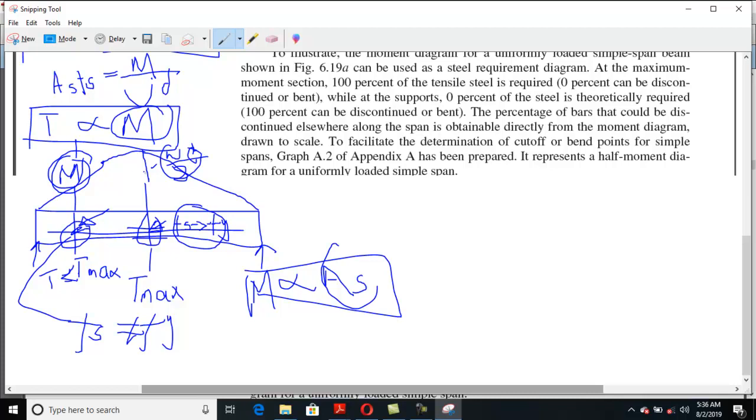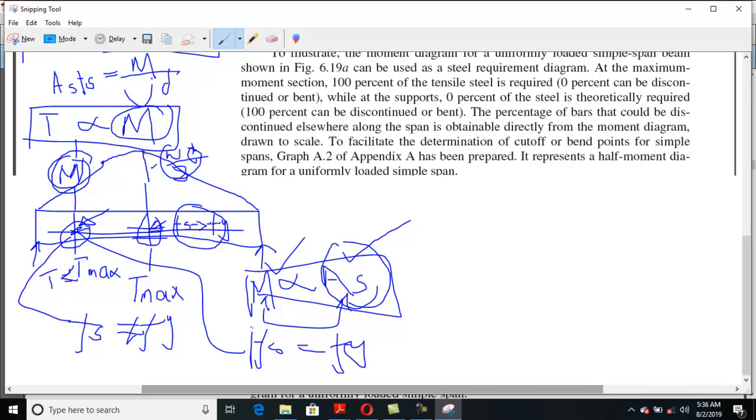So in proportion to this moment, if you want to yield at this point, you need to reduce this As. At a lower value of M, you will get lower Ast, and thus your yielding criteria will be ensured. Clear? And the stress will also be equal to Fy.